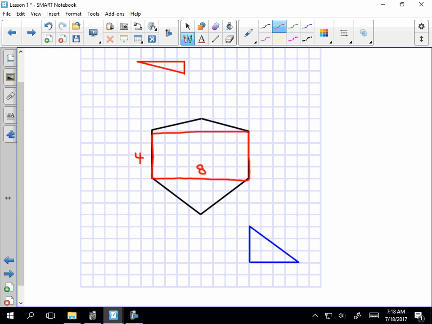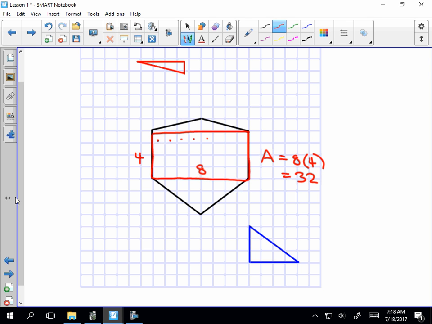So if we're looking at the area of just that middle rectangle, area equals our base measurement of 8 times our height measurement of 4, and we know that this middle section has 32 square units. We don't know what the units are. Are they inches, centimeters, millimeters, meters, yards, feet? But we know that there are 32 squares if we go through and count all of those.